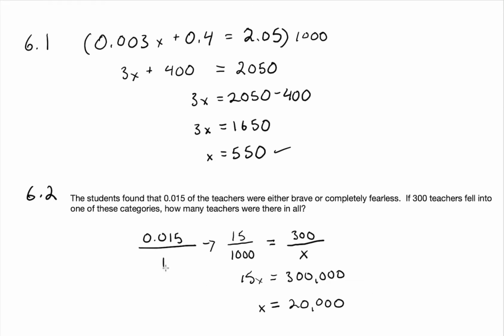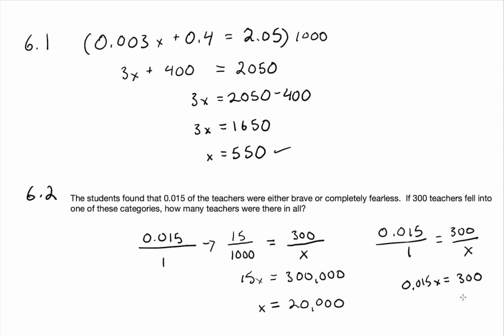Now you don't necessarily have to reduce the decimal here or increase it out of a decimal. You could straight away use that. You could say 0.015 over 1 equals 300 over x. And you would have 0.015x equals 300.